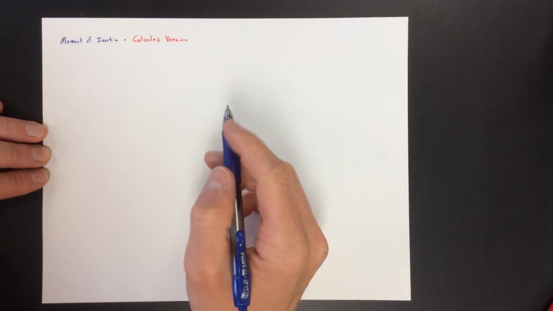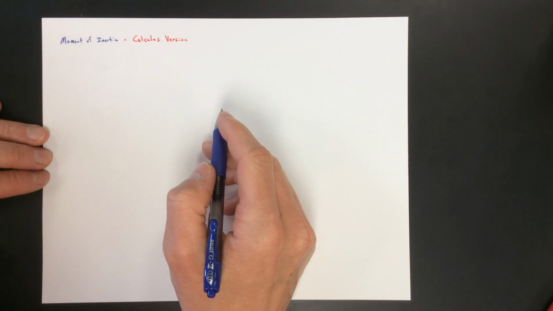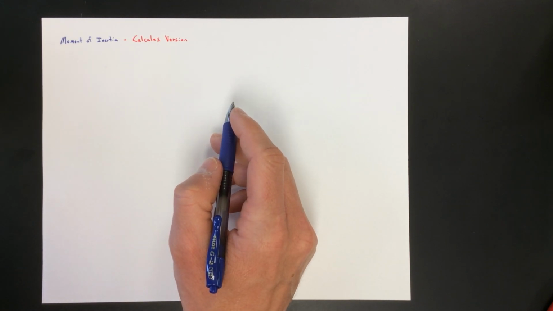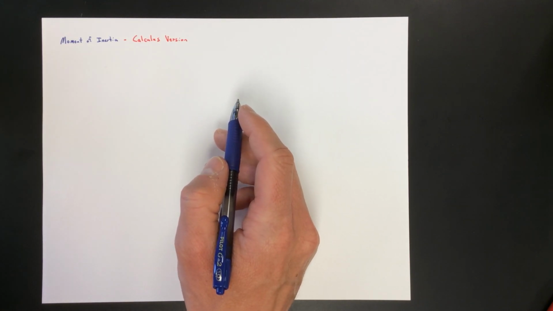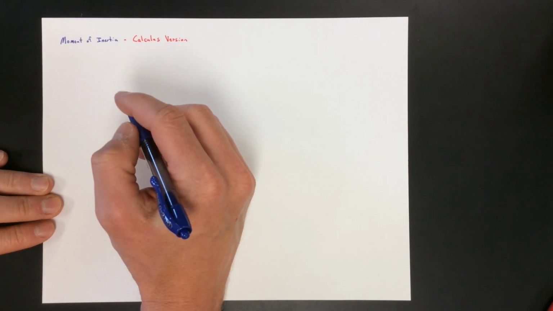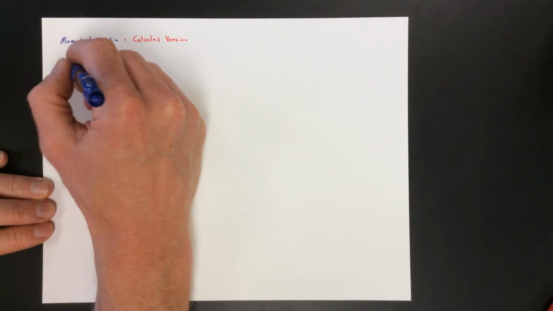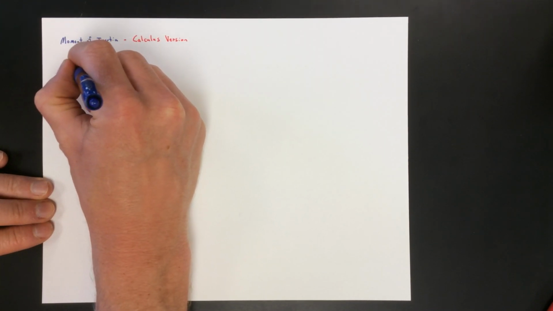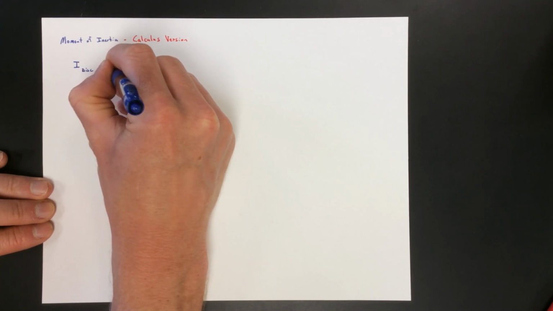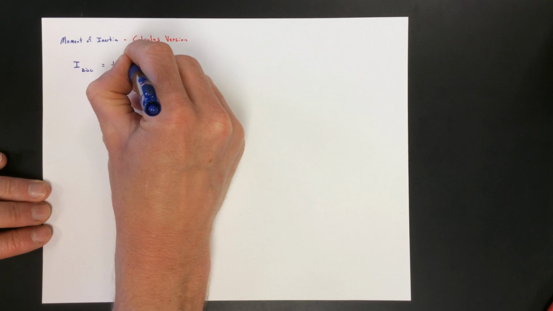Okay, I'm going to walk through the calculus version of calculating the moment of inertia for a board pivoted on the end, a board pivoted on the center, and then maybe a disk. What we already know, and have memorized, is that the moment of inertia of a disk is 1/2 mr squared.